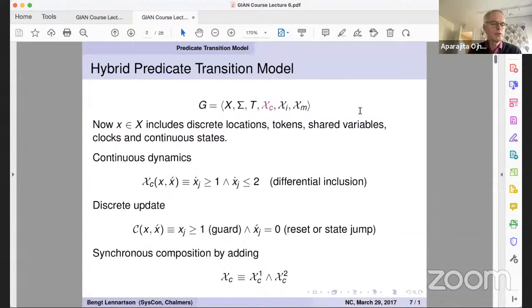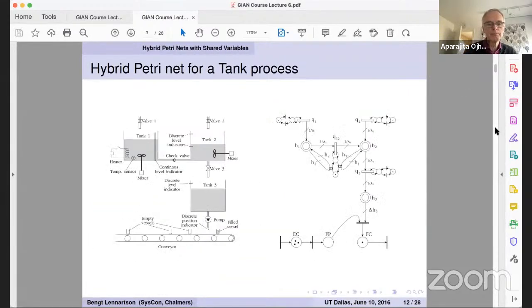And of course, hybrid automata is just a special case of this. There are some invariant properties in the hybrid automaton, which I assume here are expressed by transition conditions instead. Some people at least argue that that is something I don't have in my model here, but that's a minor difference.